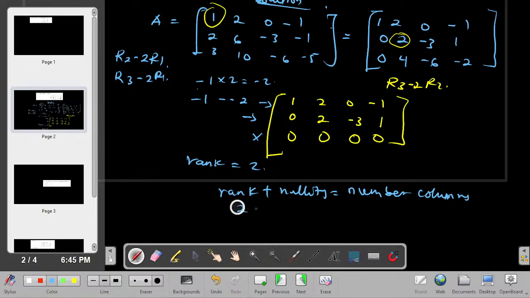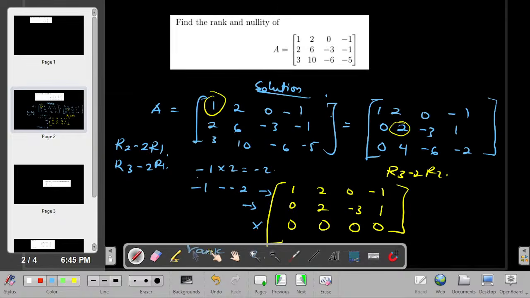Therefore, I'll have my rank 2, my nullity, which I don't know, equals 4 because I have 4 columns, 1, 2, 3, 4. Therefore, my nullity is equal to 2. As simple as that. My nullity is 2 and my rank is 2. And that solves our first problem: find the rank and nullity of the system given.